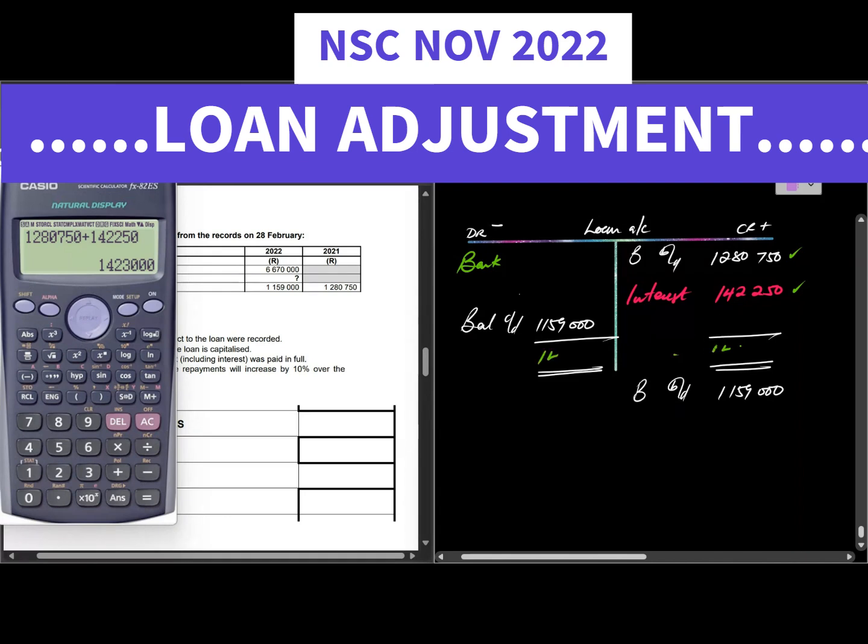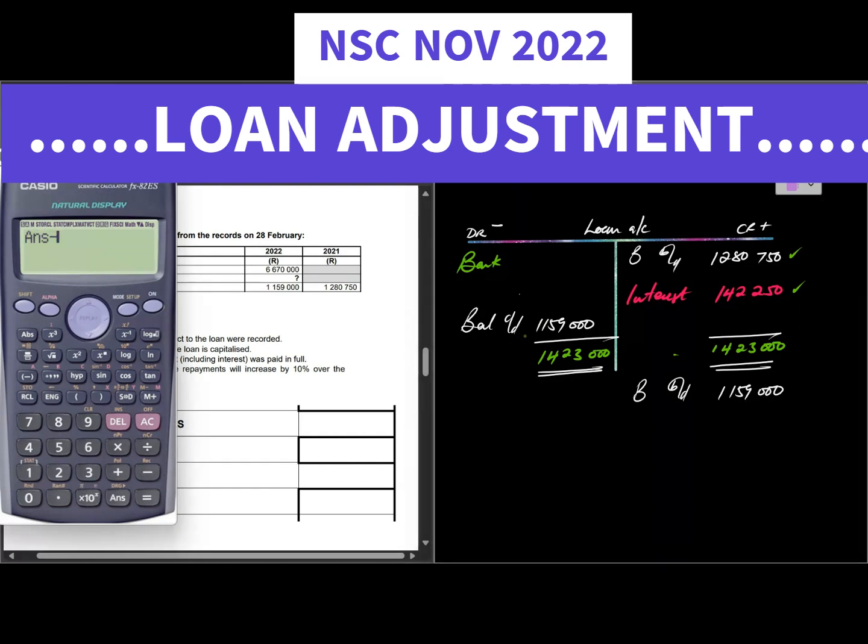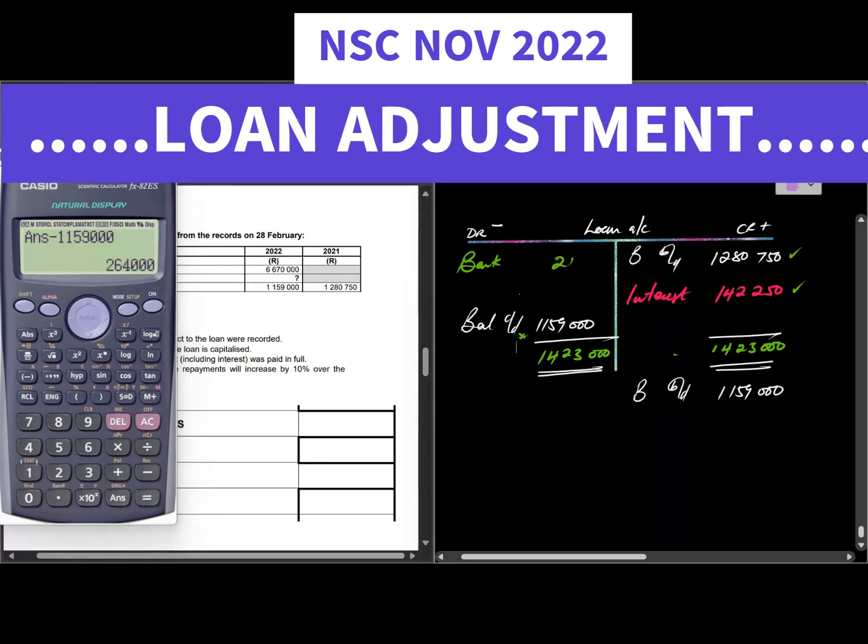It's giving me 1,423,000. So we're back again here, 1,423,000. To get the amount that was paid, I'll simply say the 1,423,000 minus the balance carried down here, which is 1,159,000. That will give me 264,000. So the 264,000 is my total payments.